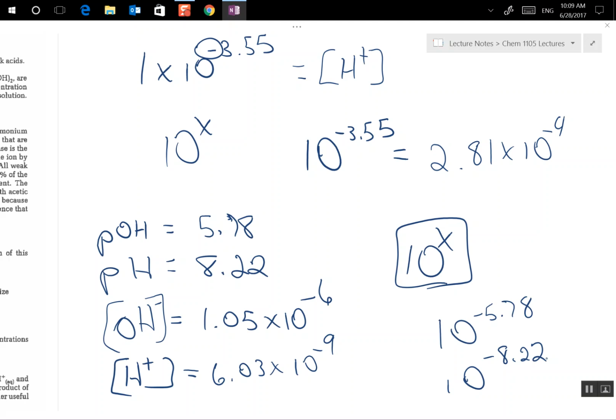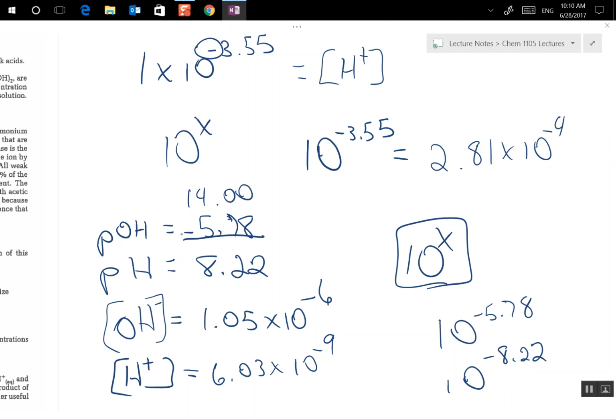Okay, so pOH, you start with 5.78, right? Mm-hmm. And to get your pH, you take 14 minus 5.78. I get 8.22. And after that, you take the negative log of 8.22.